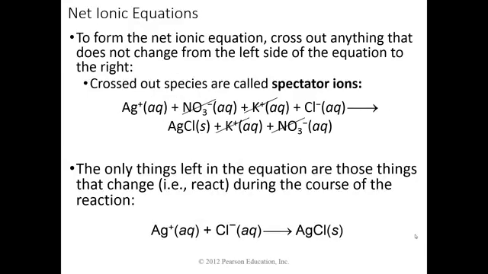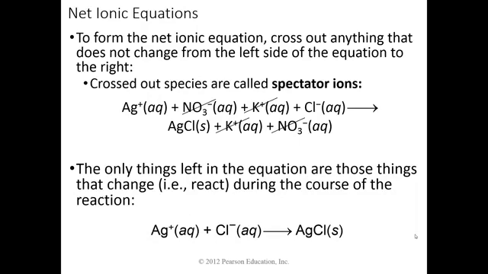As you study the total ionic equation, you likely will see ions that appear in both the reactants and products in the same form. For example, there's a K+ ion on the reactant side and a K+ ion on the product side.